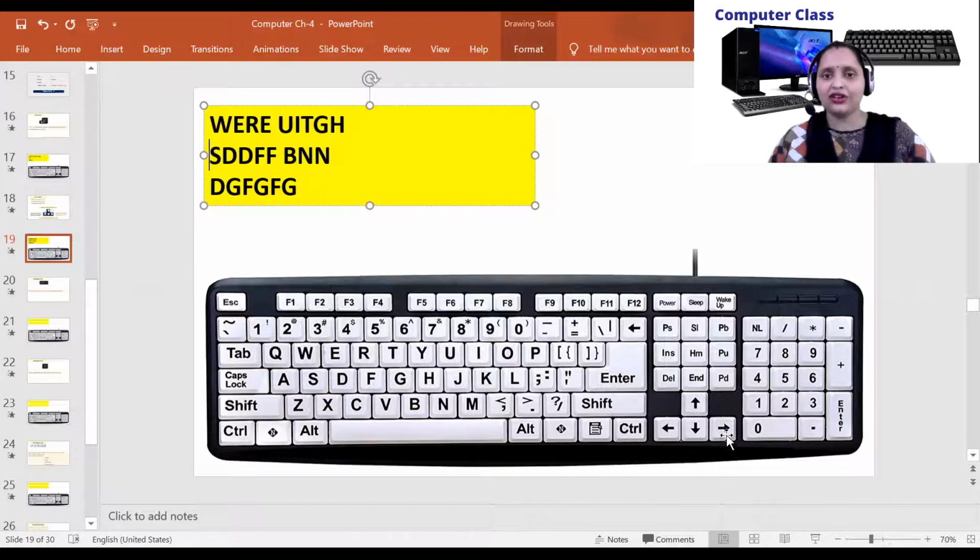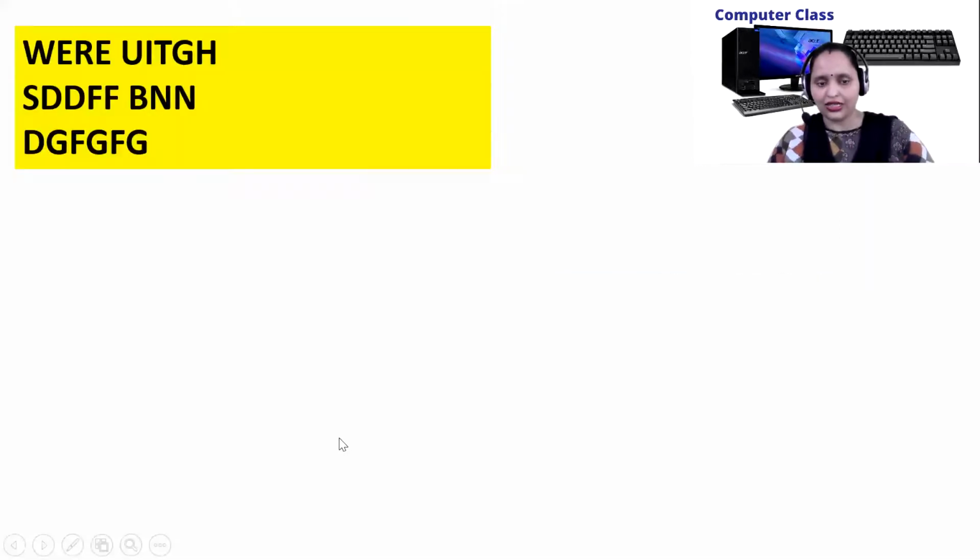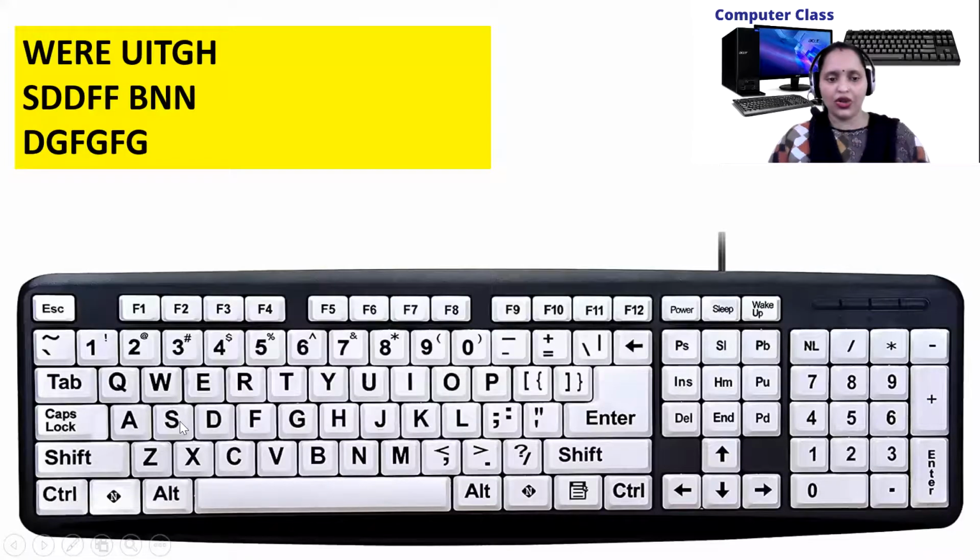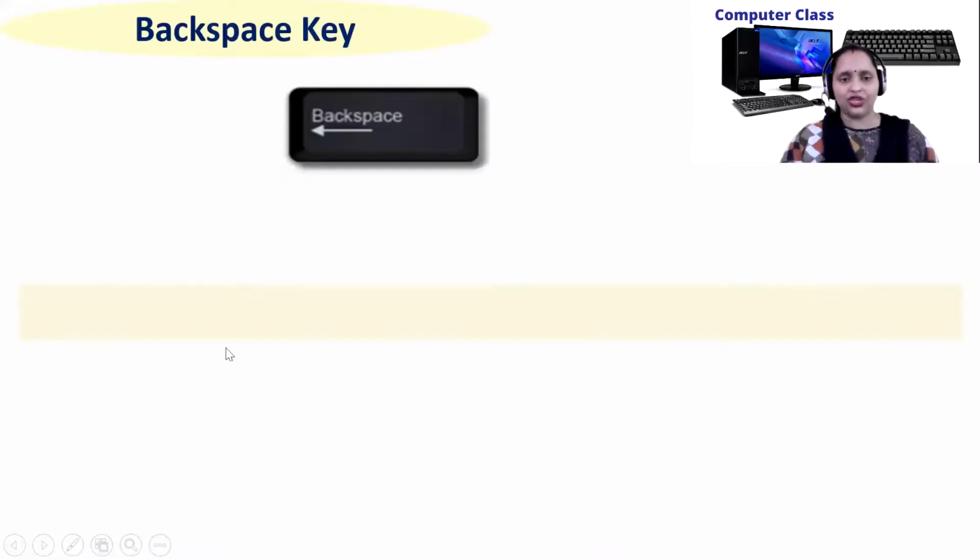Tell me, children. The right arrow key. See what will happen if I press the right arrow key. Our cursor is moving towards the right side. I hope children you all have understood the concept of all the 4 arrow keys. Yes? Okay. Let's move on to the next key.